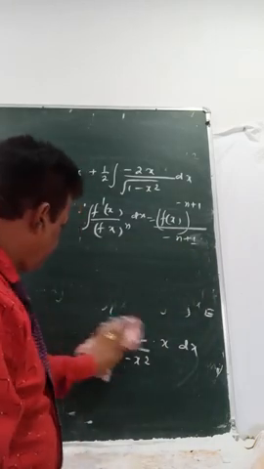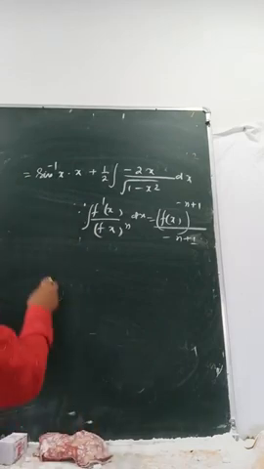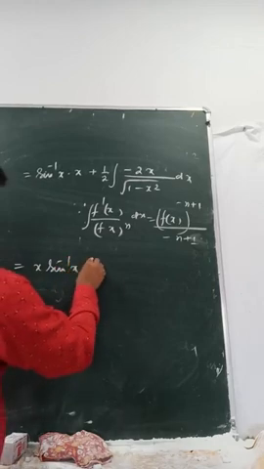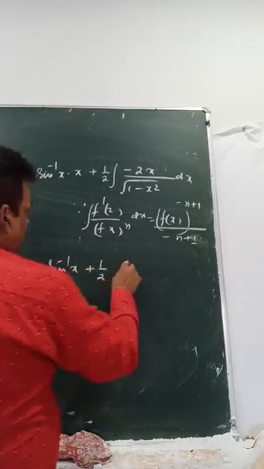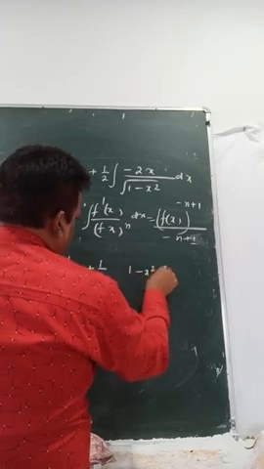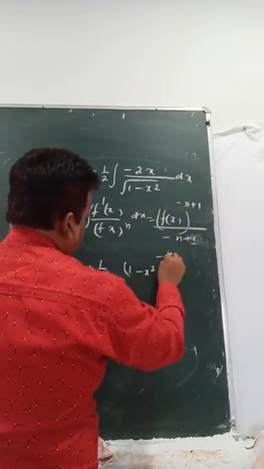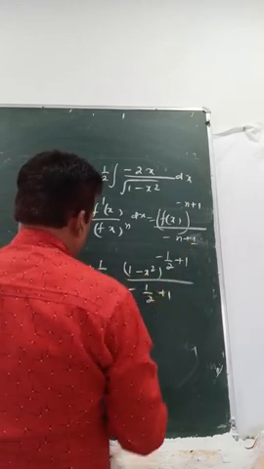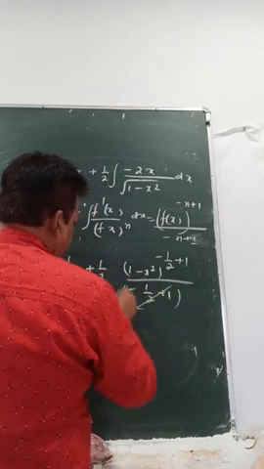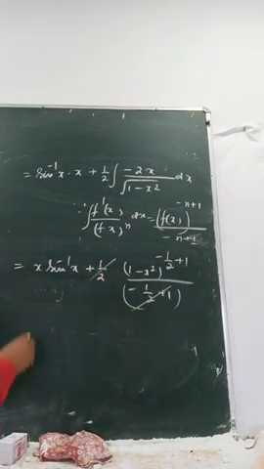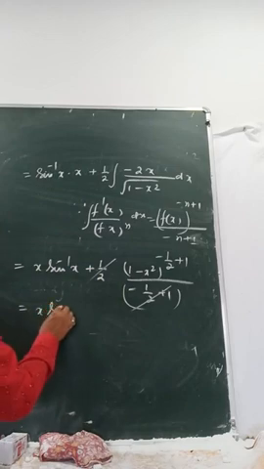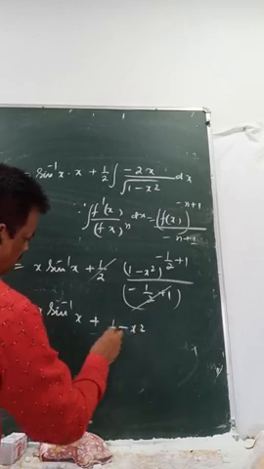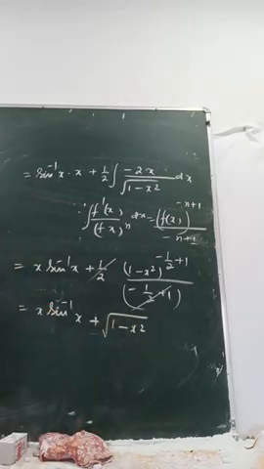So it will give you x sin inverse x plus half, 1 minus x square to the power minus half plus 1 by minus half plus 1. So this is half, this will be cancelled. That is x sin inverse x plus root of 1 minus x square. This is what your I1 is.